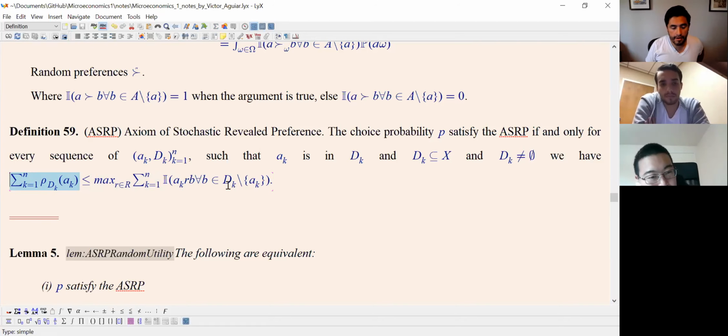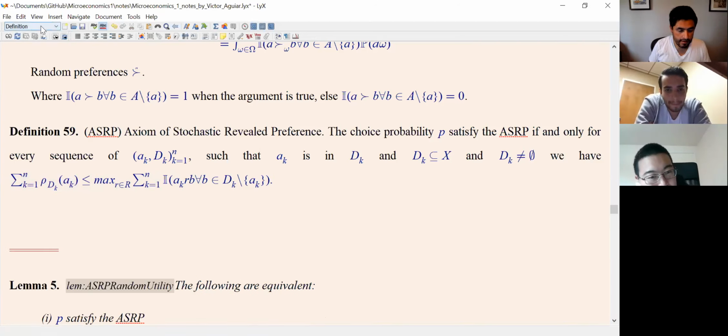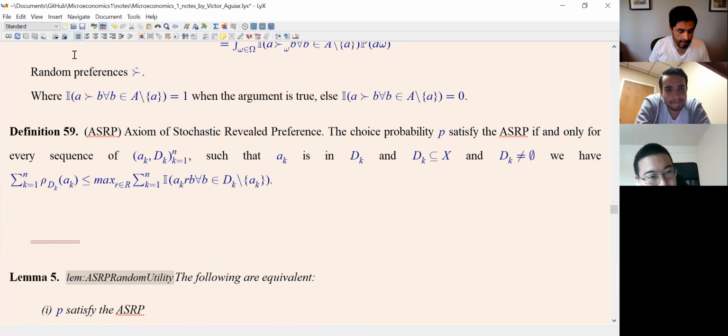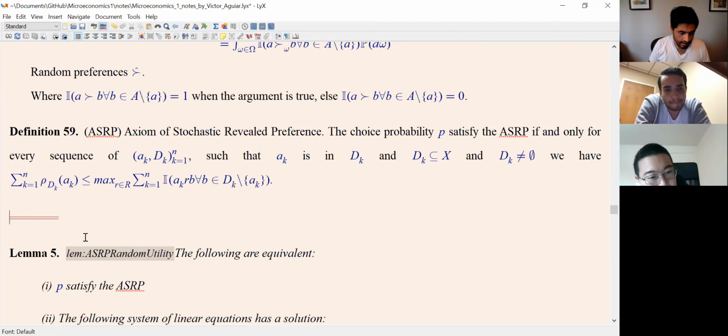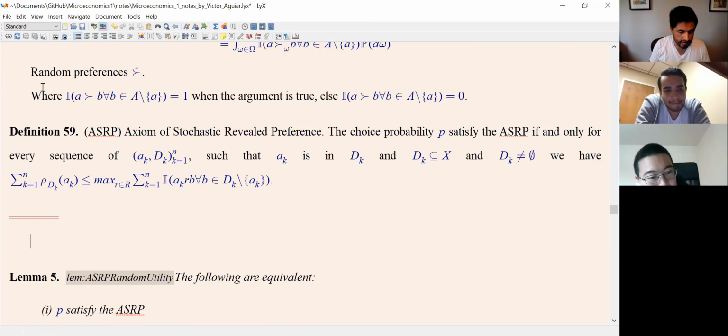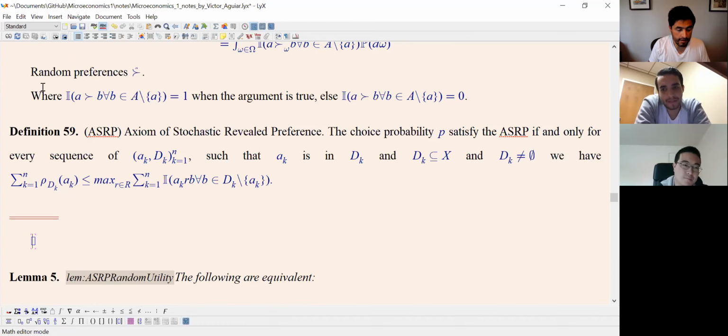So let's do an experiment, right? So let's do an example here. Imagine that I have an experiment with choice set 1 being equal to {A1, A2}, and then choice set 2 is equal to {A1, A2, A3}.